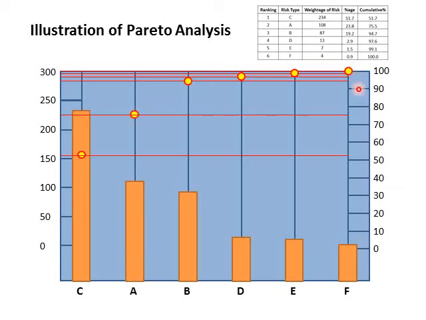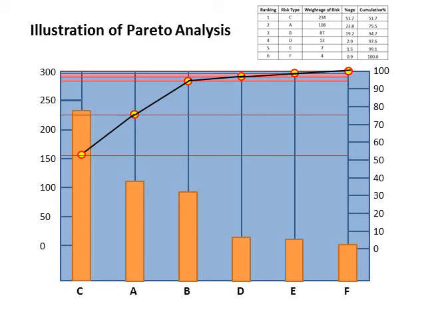Similarly, when this 94.7 horizontal line crosses the B risk type, you have to mark a point on it. Then comes the 97.6 horizontal line. When it crosses the D risk type, you have to mark a point on it. When 99.1 corresponds to E, if this horizontal line crosses the E risk type, you have to mark a point. And the last one is the 100. So you have to mark a point against the F, which is on the top.